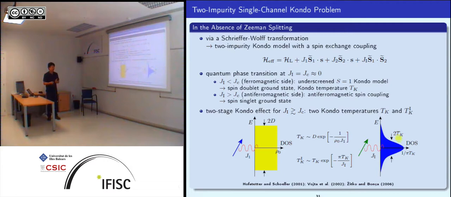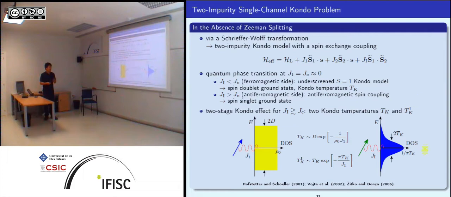The second spin is coupled to the Kondo-induced resonance level. Then the second spin is also screened, but at a much lower temperature, TKI. Usually TKI is much smaller than the first Kondo temperature. So after that, the ground state is a spin singlet because two spins are screened out.